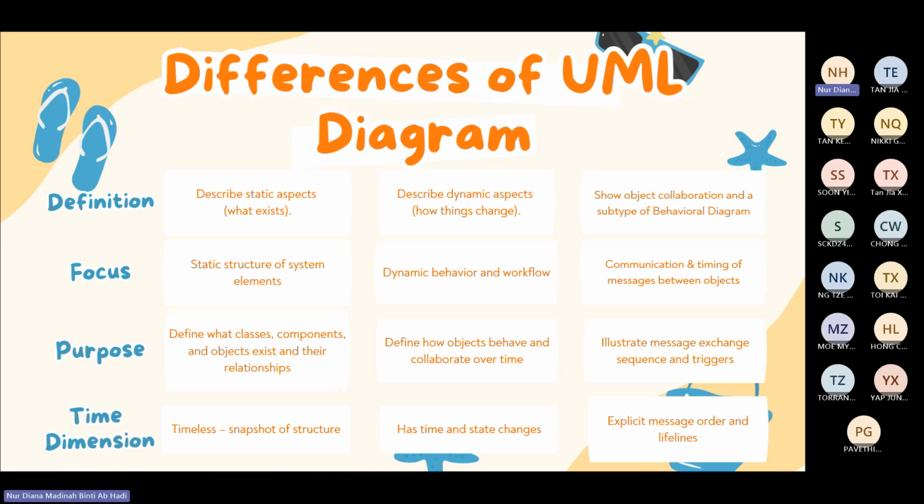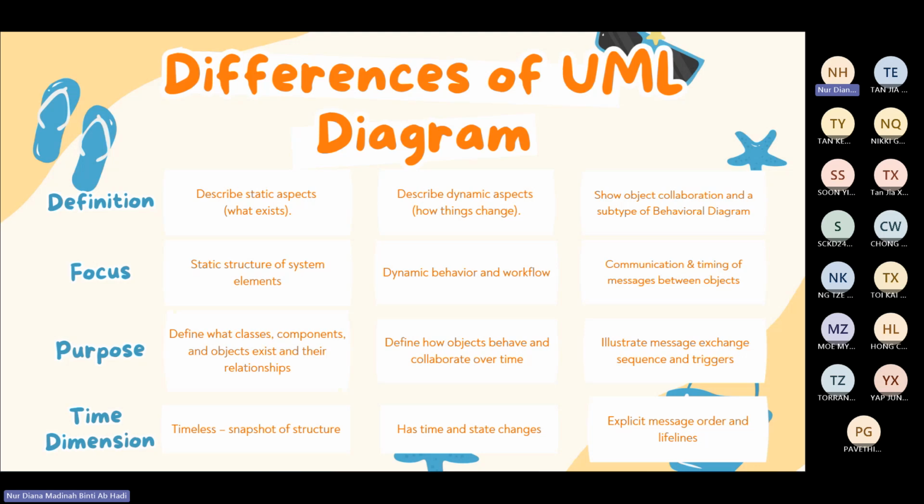We got 3, 4. So the answer is wrong. Why? Because when we talk about behavioral, it is dynamic, it can be changed. When we talk about static, it must be structured. Static cannot be changed anymore. So when we talk about structural, it is static and cannot be changed.